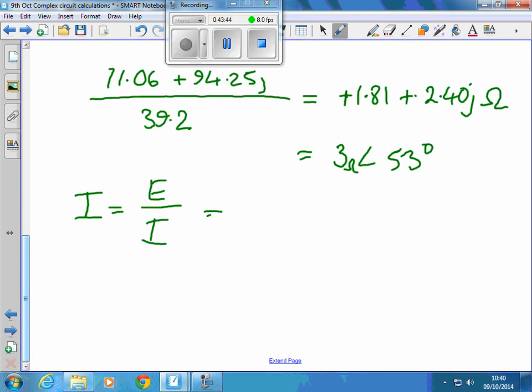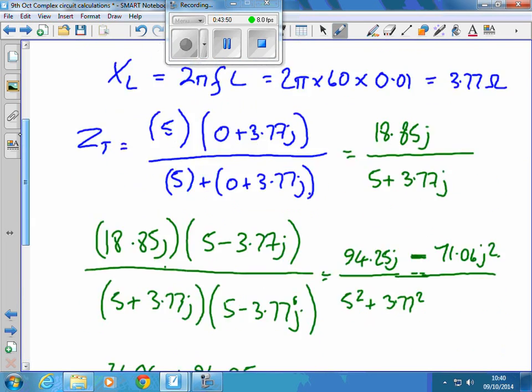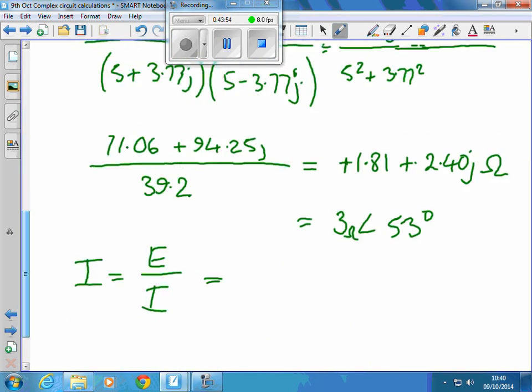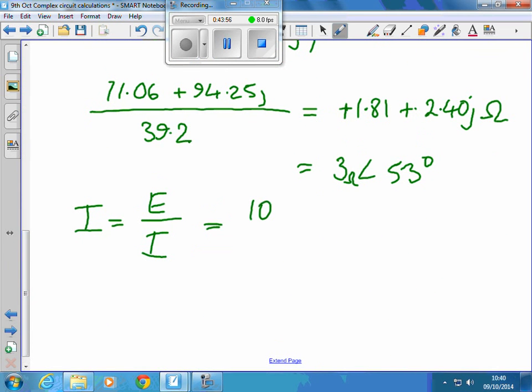So where are we going here with this voltage? What is the voltage in polar form for this circuit? 10 volts, no angle, so it's 10 angle 0 degrees. E over Z, where Z is 3 ohms angle 53.